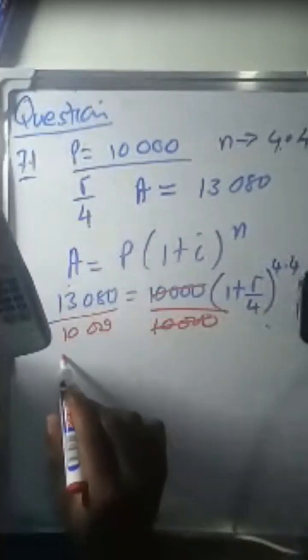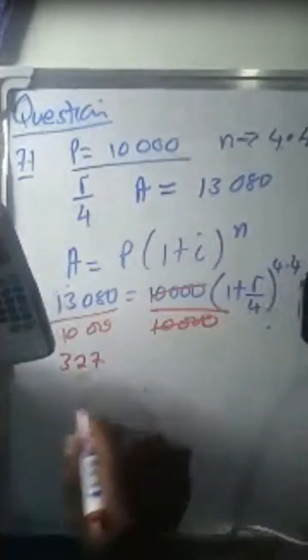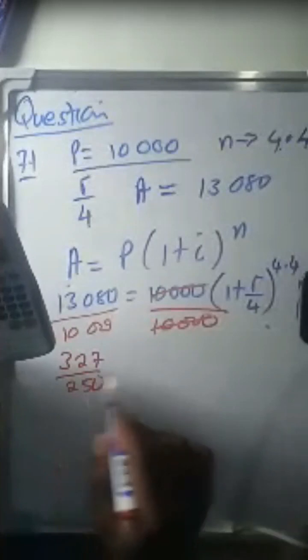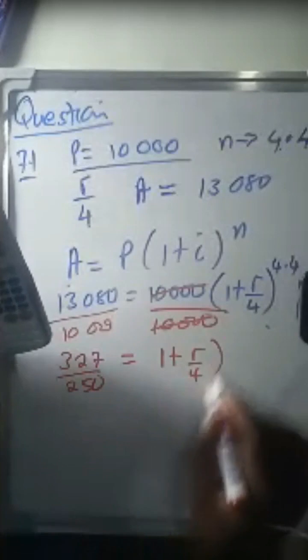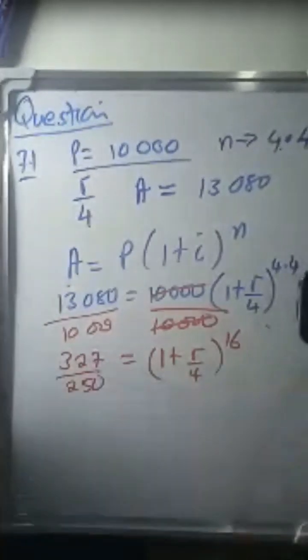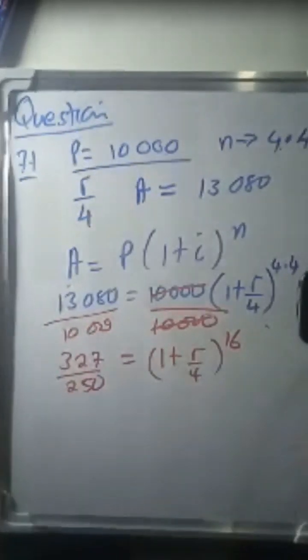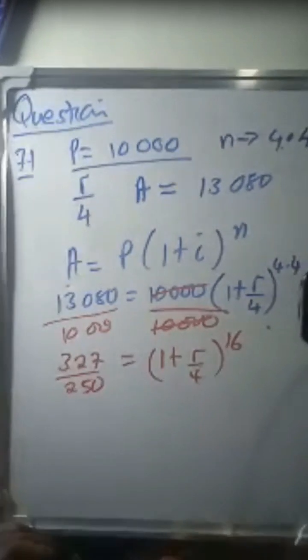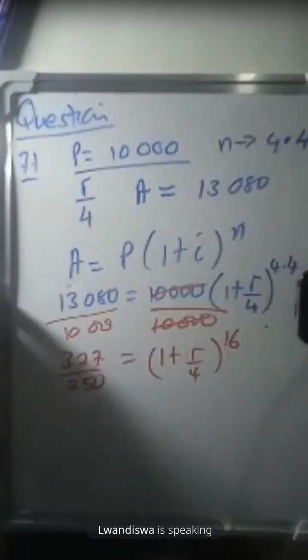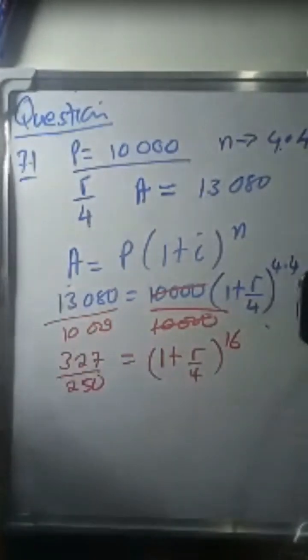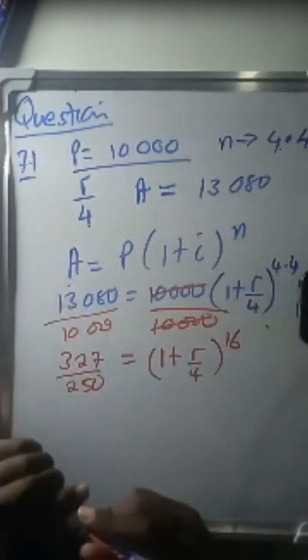We get 327 over 250, which equals 1 plus r over 4 to the power of 16. Okay, how do I remove the power of 16? Not logarithms. Remember, it's a power. The opposite of a power is a root.